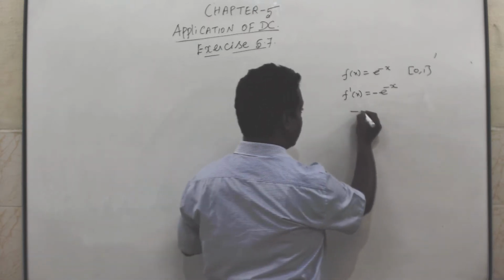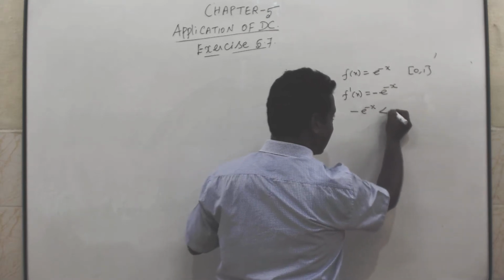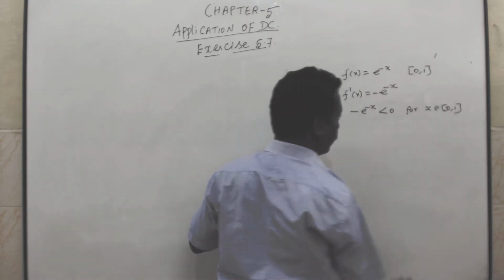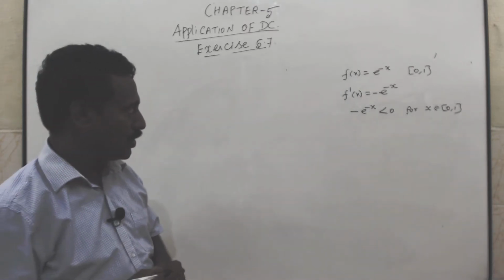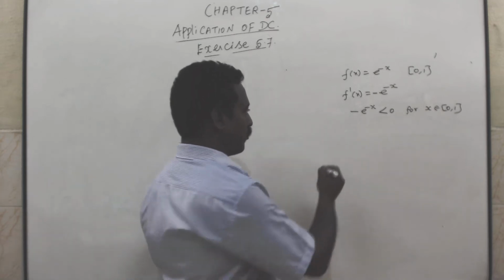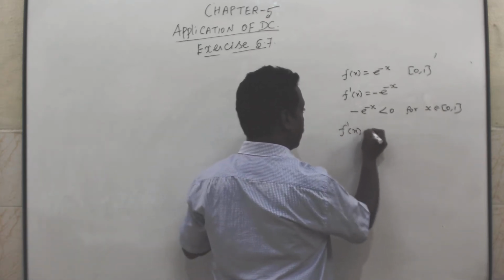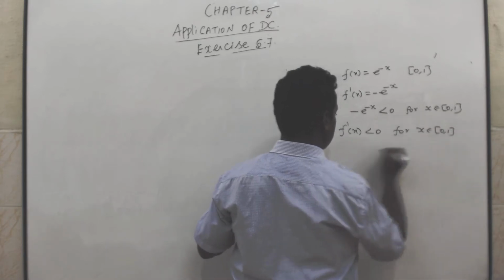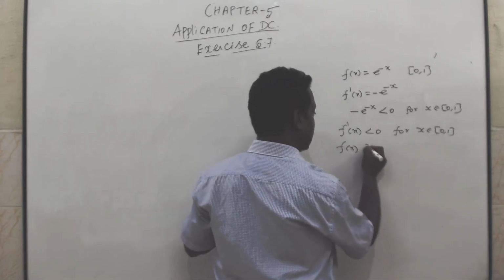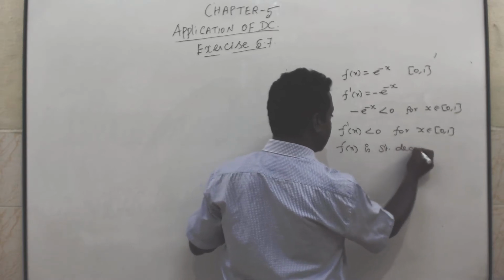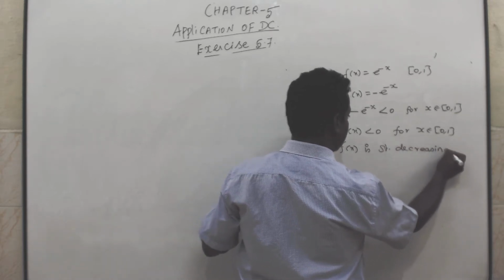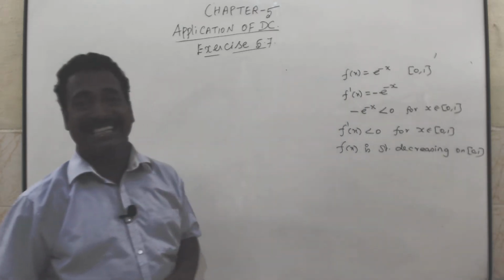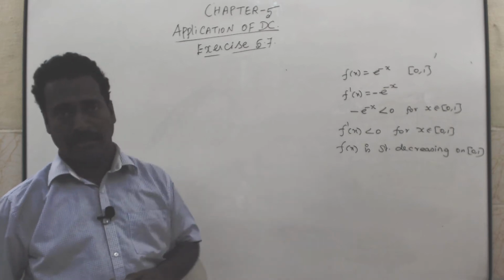Therefore, minus e power minus x is less than 0 for x belongs to [0, 1]. When we substitute x equal to 0 or x equal to 1, it is less than 0. Therefore, f dash of x is less than 0 for x belongs to [0, 1]. Therefore, f of x is strictly decreasing on [0, 1]. Is it clear?